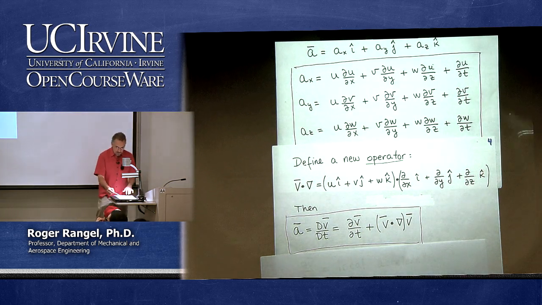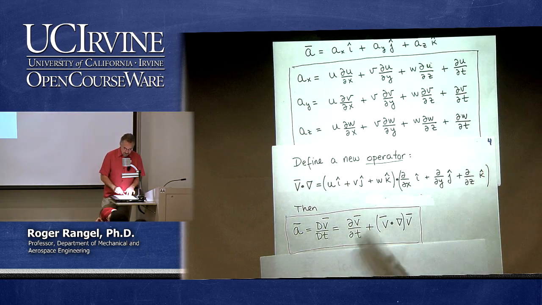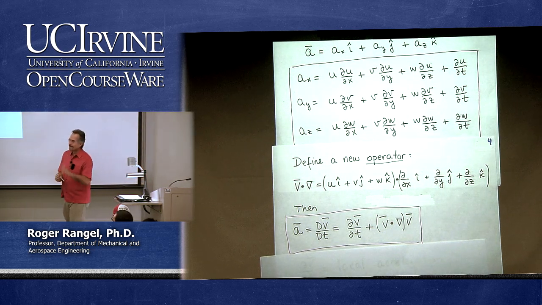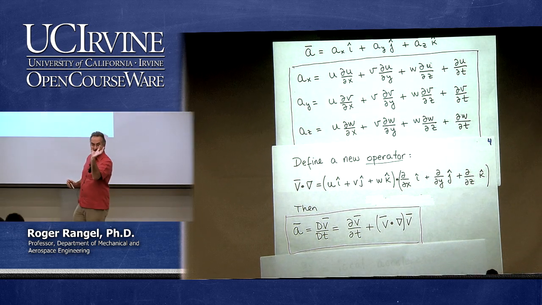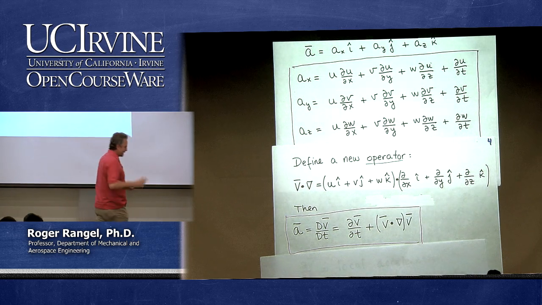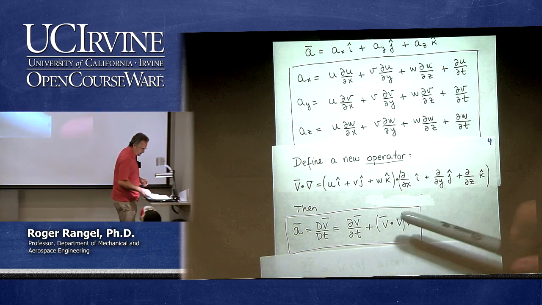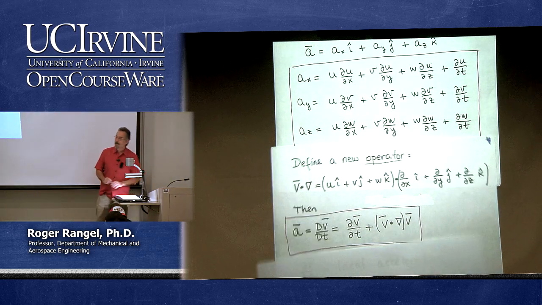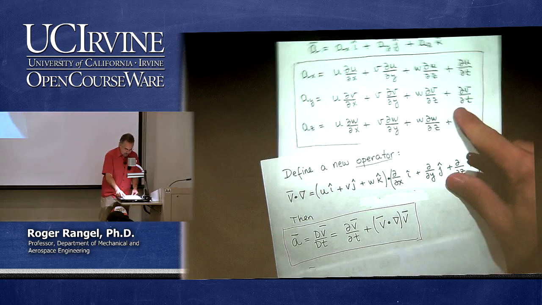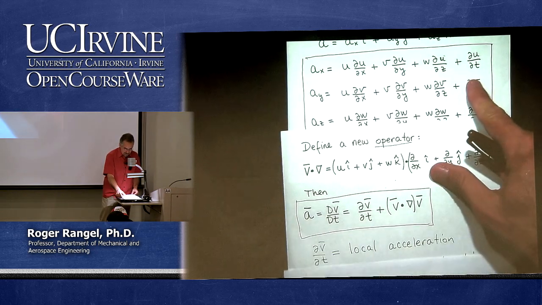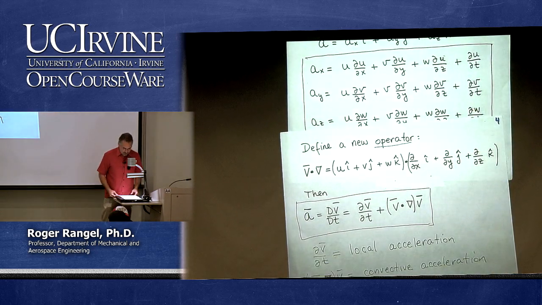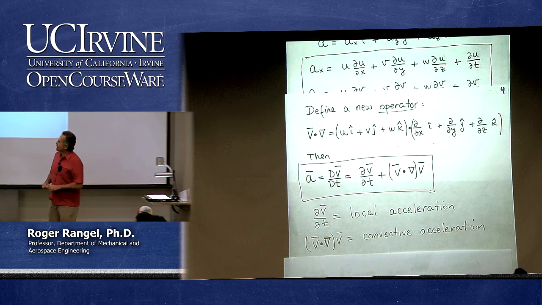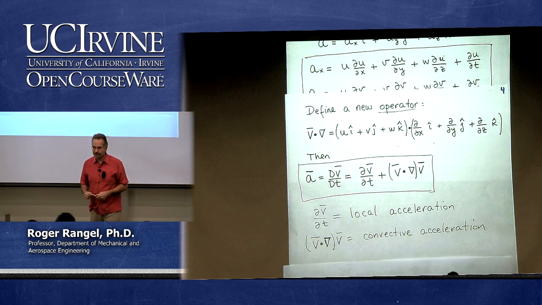Not 12 because these 3 are here. That's the local. The local acceleration has 3 terms. This other one has 9 terms. So the only thing that we haven't done is name the second part of it. We know that we call the dv dt local acceleration. The name of the other one is the convective acceleration.